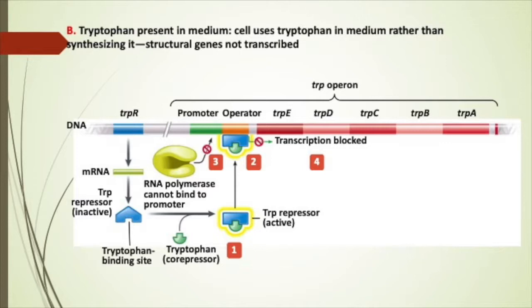If tryptophan is present in the medium, the cell uses tryptophan in the medium rather than synthesizing it. Structural genes are not transcribed. So you have your regulatory gene over here telling the trp repressor, but the tryptophan is there.